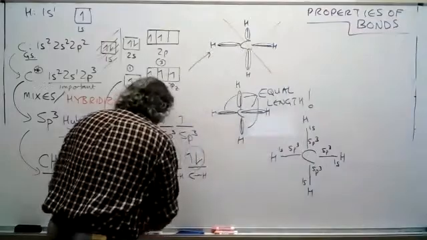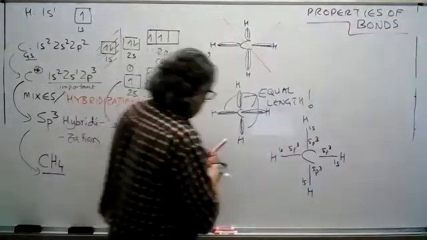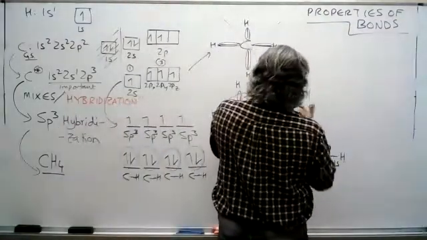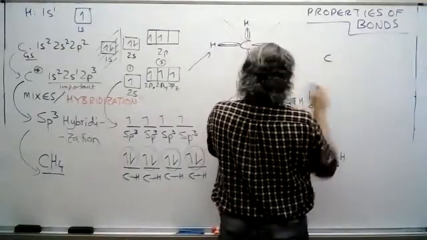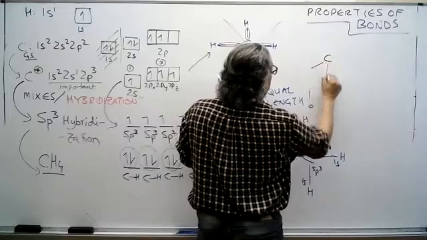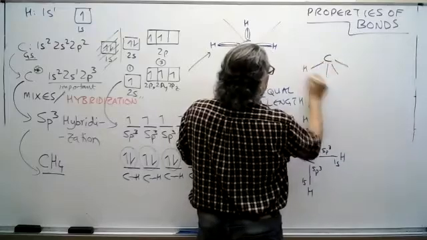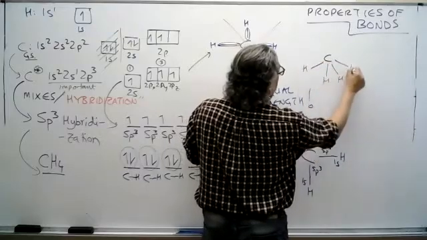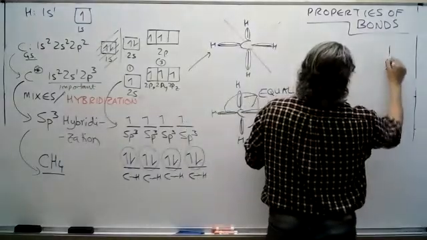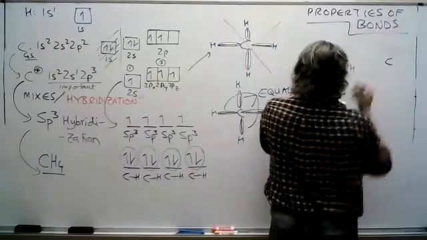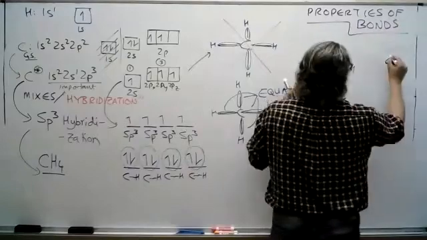You got 4 bonds. In the middle, you have carbon, and you have 4 bonds. The bonds could be this way, or they could be flat. They could be planar, but they're 90 degrees apart.